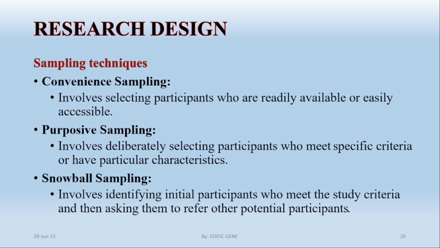That would make very logical sense. In that aspect, that will become purposive sampling. Then there is snowball sampling. In snowball sampling, you identify initial participants who meet your study criteria, and then you ask them to refer other potential participants. Now this is common in scenarios where it is very hard to identify participants.